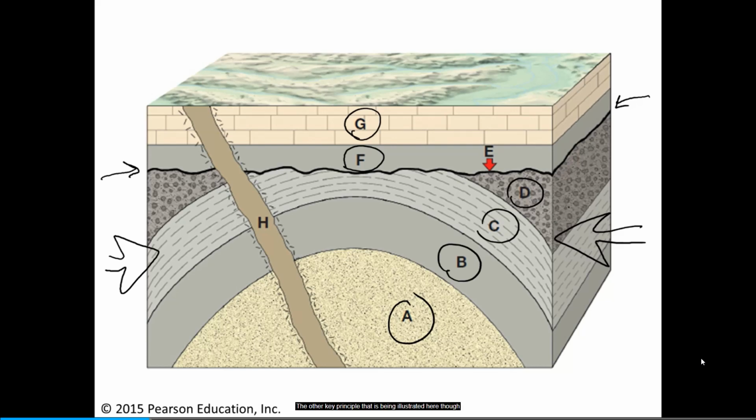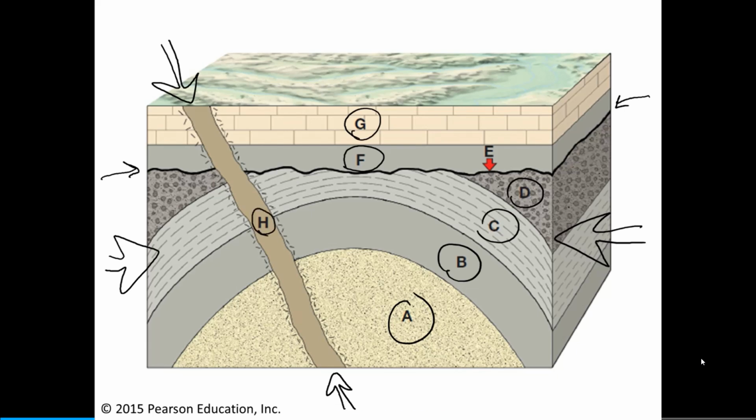The other key principle that is being illustrated here, though, is this. There is an igneous dike that cuts through layers A, B, C, D, F, and G, and that dike is labeled as H here. You'll notice that there's contact metamorphism on either side of the dike where the hot magma that squirted into that fracture cooked the rock immediately adjacent to it.